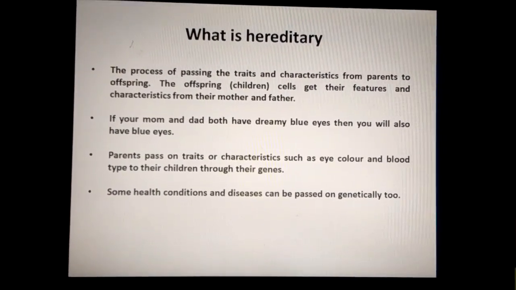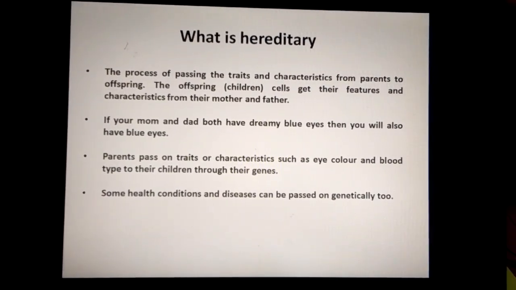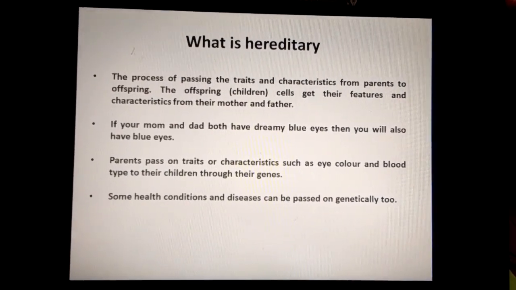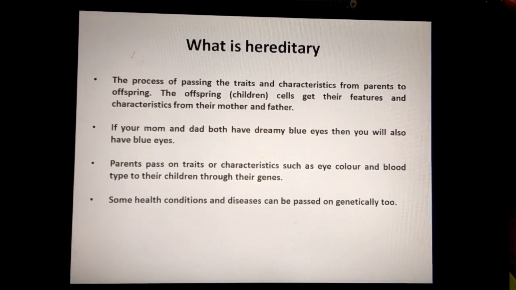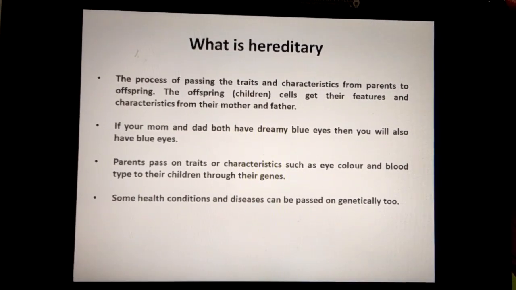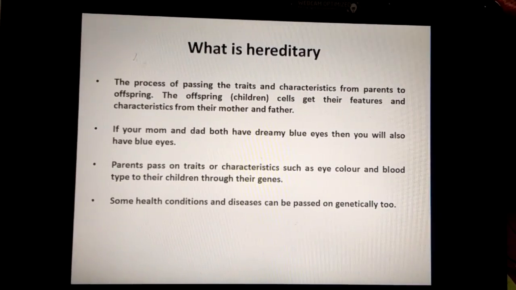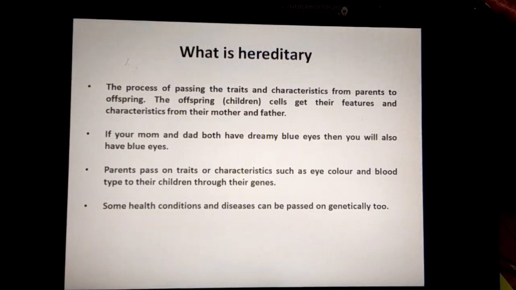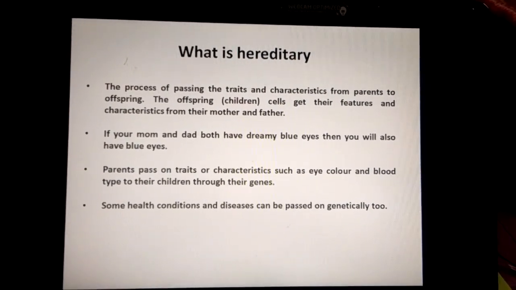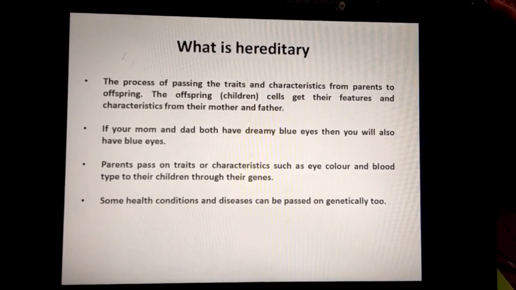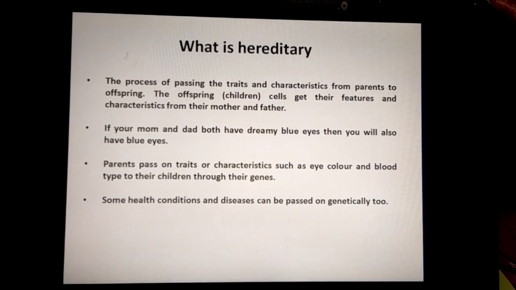If your mom and dad both have dreamy blue eyes, then you will also have dreamy blue eyes. Parents pass on traits or characteristics such as eye color and blood type to their children through their genes. Some health conditions and diseases can be passed on genetically too.